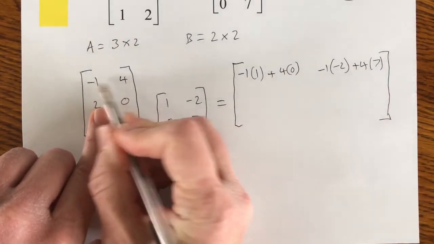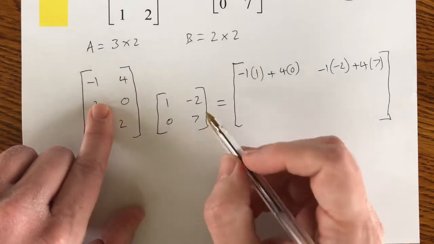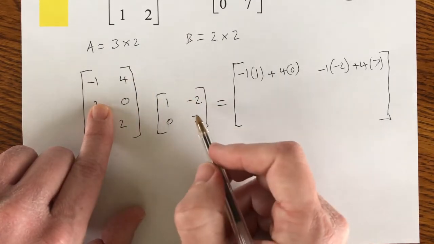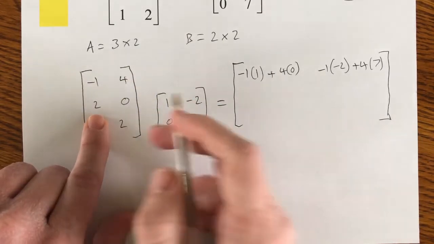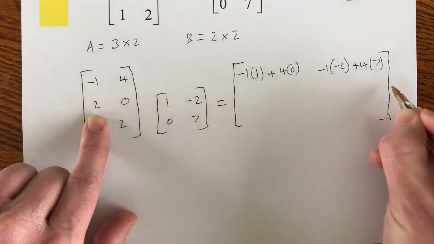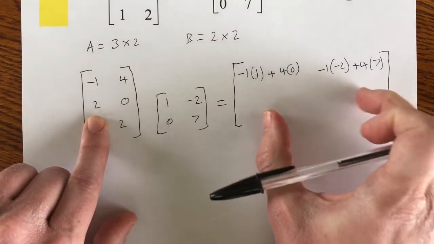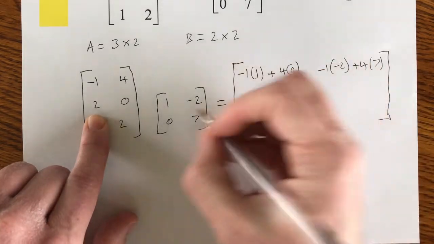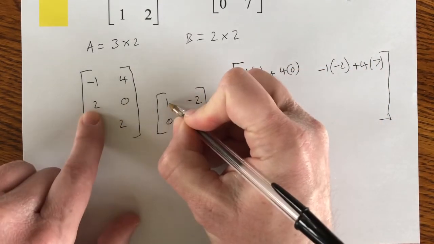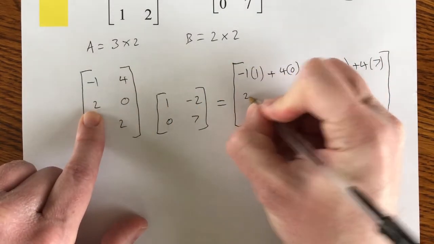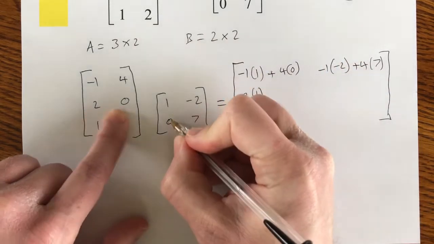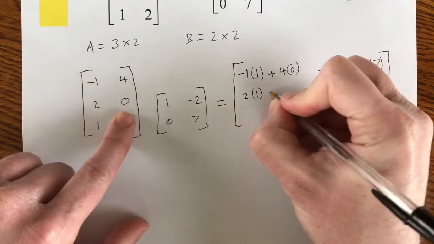This row is now complete in terms of the multiplication process through our second matrix. So now you move to the second row, and notice you're going to start a new second row in your new matrix, the product A times B. So here we go. We start 2 times 1, and then we do plus 0 times 0.